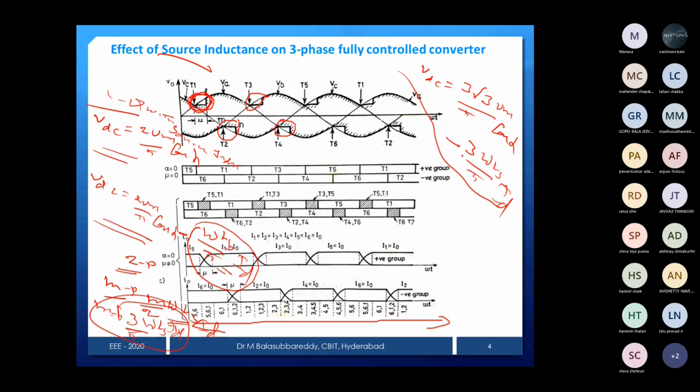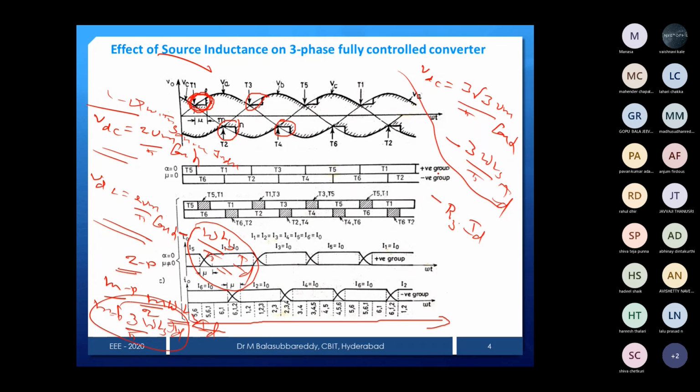Suppose I consider the source resistance also, some resistance will be there. Of course, it may be minimal, but still there is a resistance you want to consider. Then what is the expression for VDC? The actual VDC is this one, and for the inductor, you have to subtract that inductor drop, and if I consider resistance also, minus the source resistance into current.